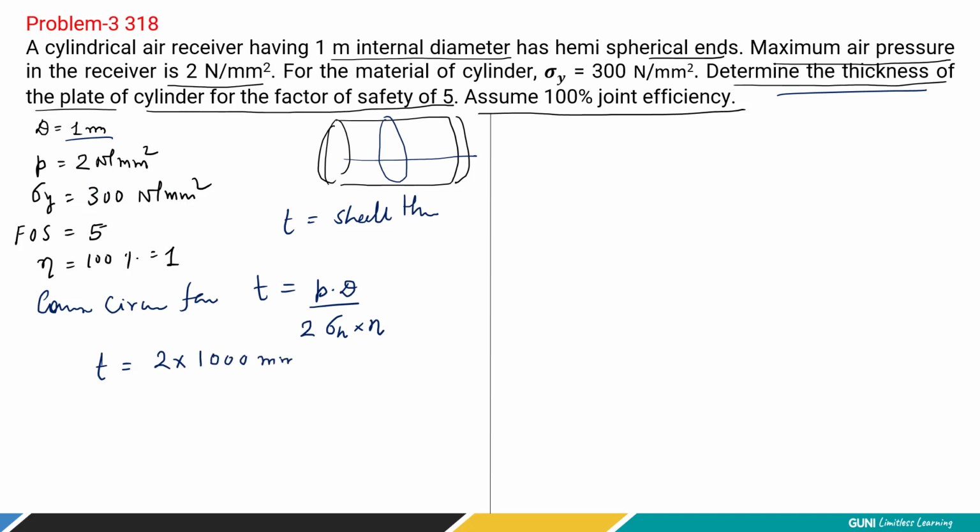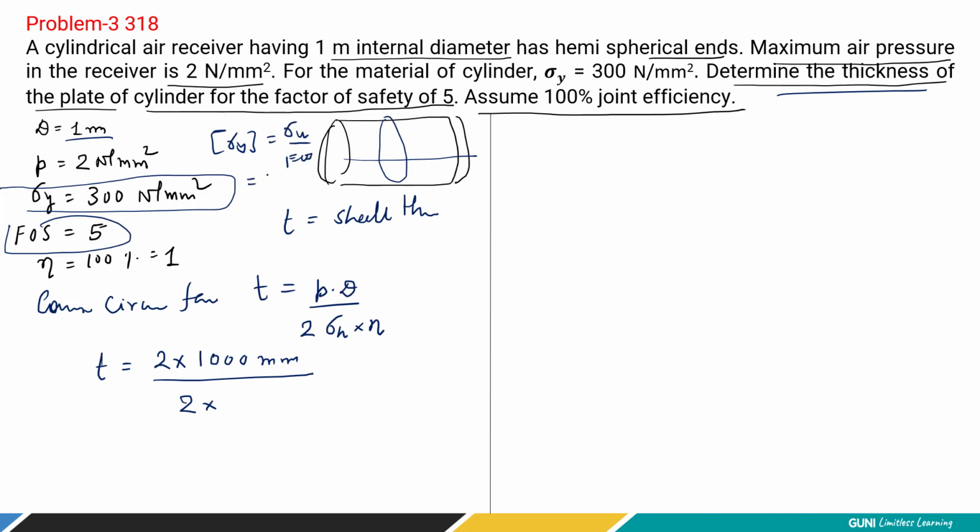Now divide by 2 into the stress. Here stress is given in terms of ultimate value and the factor of safety is given as 5. So for the safe value, the permissible stress is simply the ultimate stress divided by factor of safety. So it is 300 divided by 5.